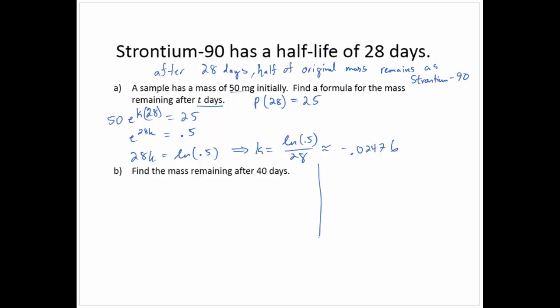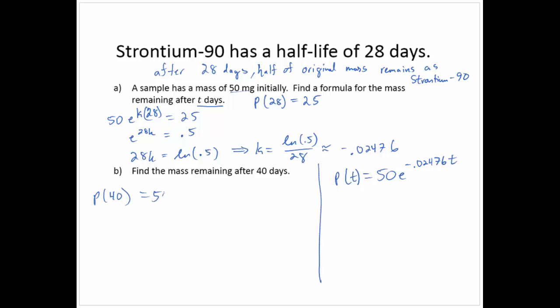So then I could write that P of t is 50 e to the negative 0.02476 t. Find the mass remaining after 40 days. Well, that's just P of 40.